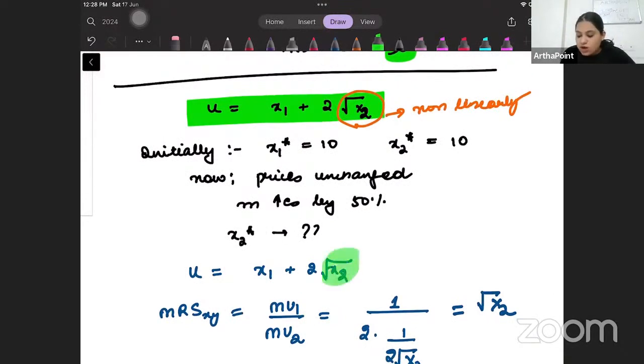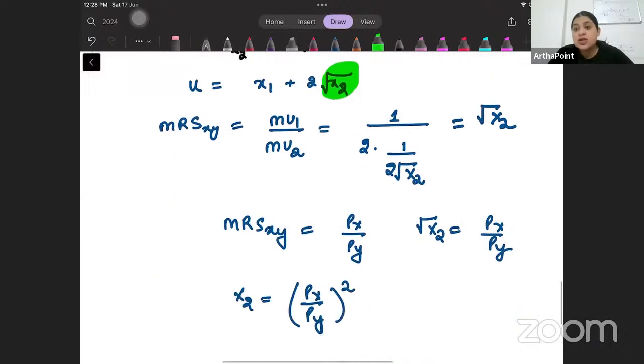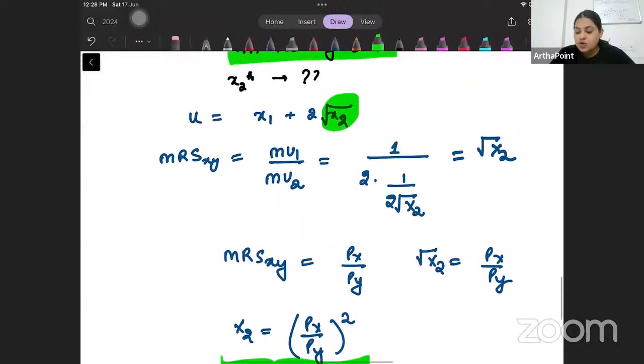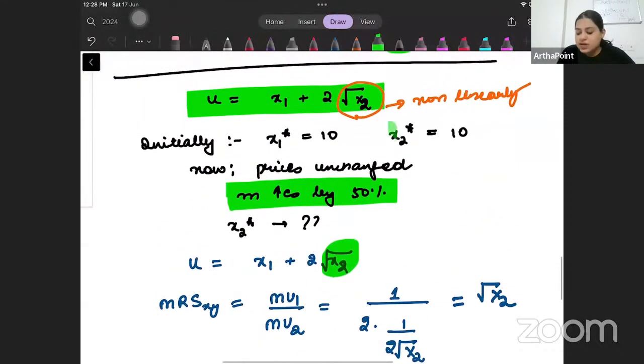Whatever comes non-linearly is not affected by income. If it is not affected by income, then when income increases by 50%, it does not matter. The demand should remain the same because there is no M coming in here. This is what we saw. So therefore, the consumption of X2 remains the same.